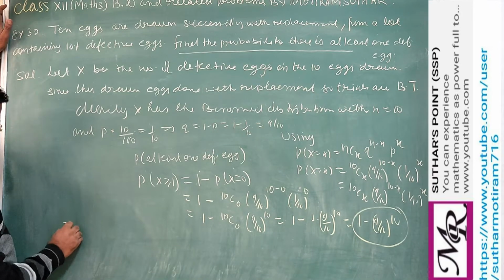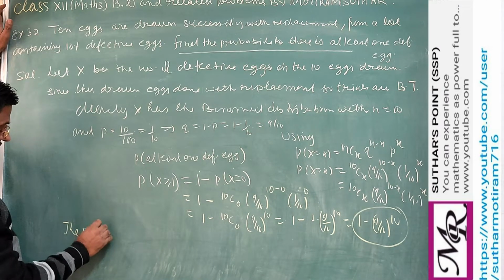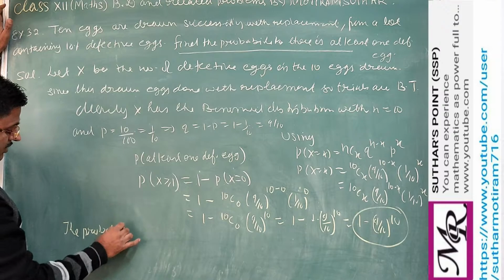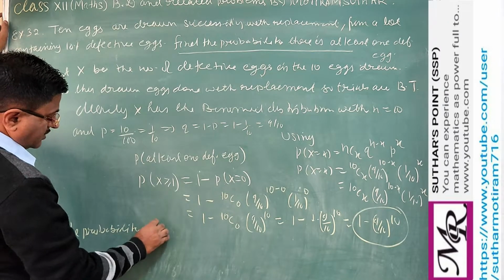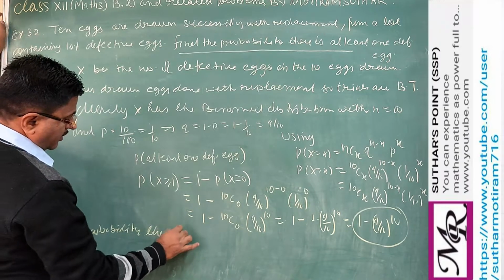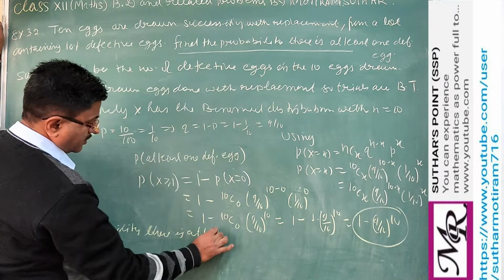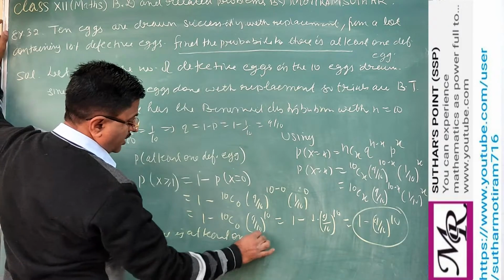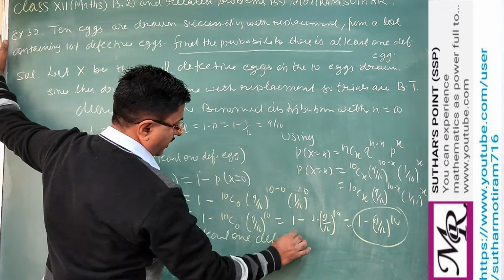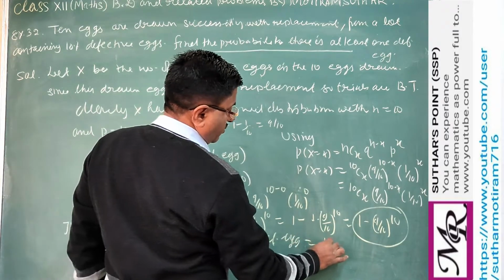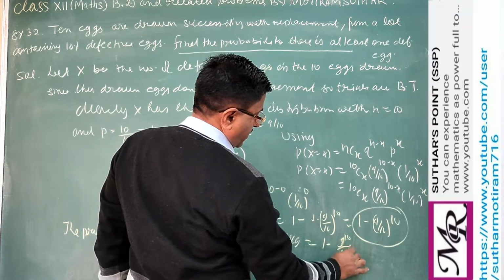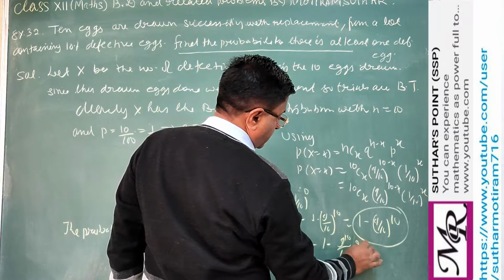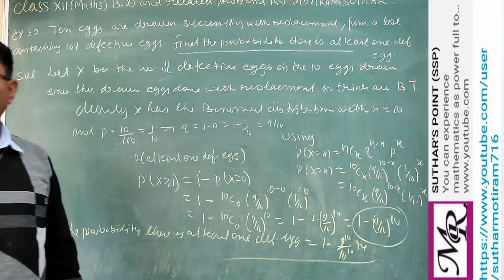So you can say the probability that there is at least one defective egg is equal to 1 minus 9 power 10 upon 10 power 10. This is our required answer.